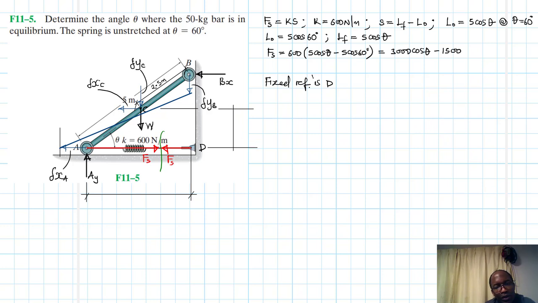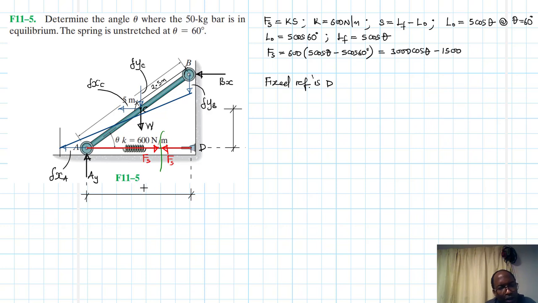Great. So these are the 2 points that we are interested in, the vertical and the horizontal at A. Just clean it a little bit. Alright, like so. Great. Let's label it.